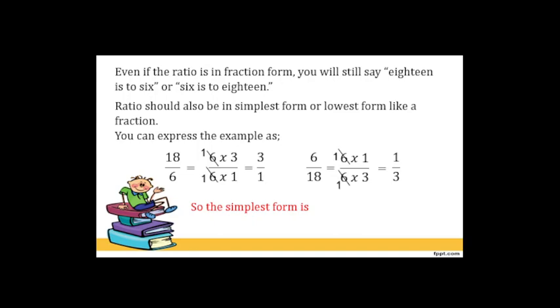So the simplest forms of 18 over 6 and 6 over 18 are 3 over 1 and 1/3.